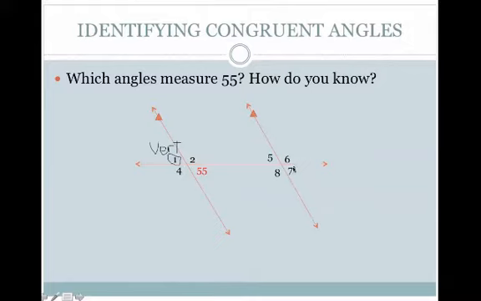So therefore 7 is corresponding with the one that's 55. So this is going to be 55 as well because they're corresponding. Just abbreviate here, corr. And then we also know 5 would be congruent because 5 and 7 would be vertical. You could also say that 5 would be 55 because it's corresponding with angle 1, and we already knew that angle 1 was 55 because it was vertical with this one.